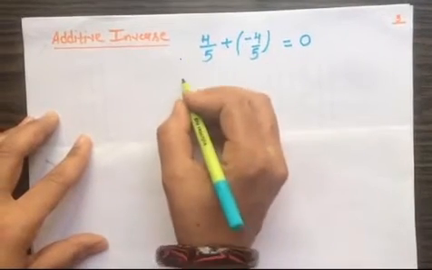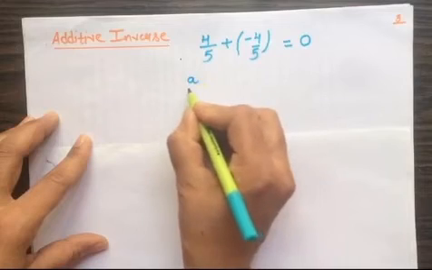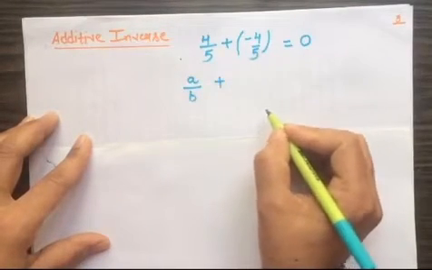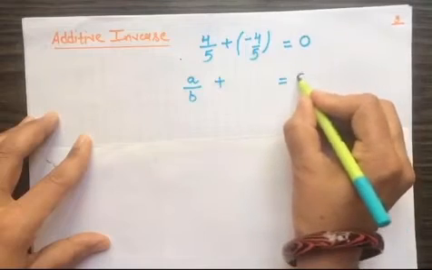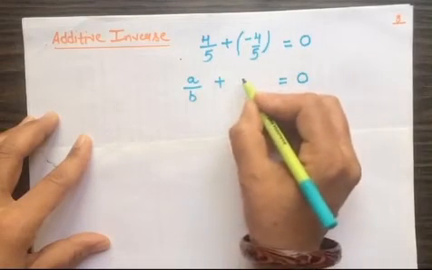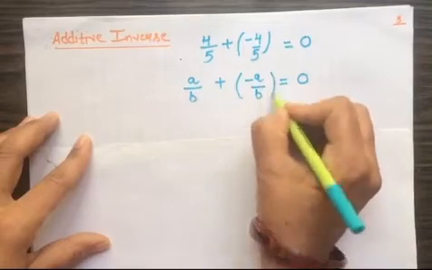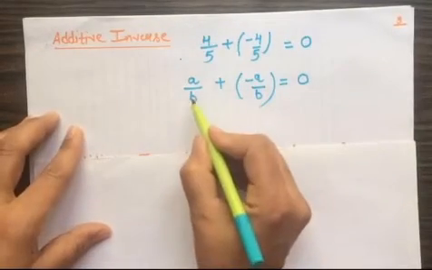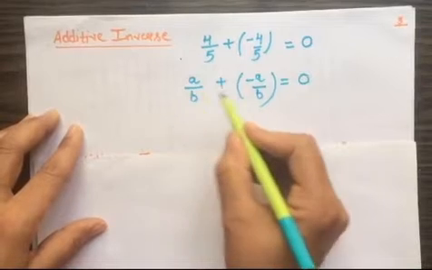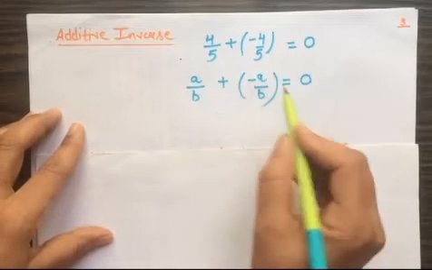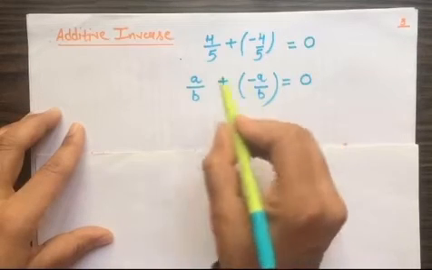If I write a rational number a/b, then what should be added to a/b so that the sum is 0? That is again -a/b. So the additive inverse of a/b is -a/b, and the additive inverse of -a/b is a/b.